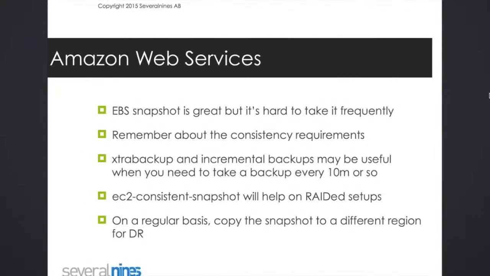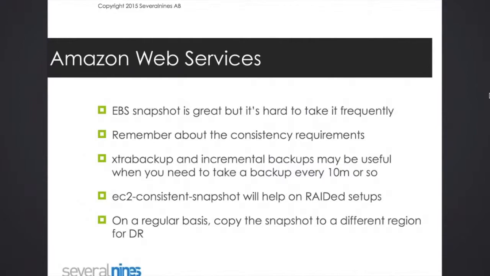If, for some reason, you want to have a backup every 10 minutes or every 5 minutes, I've seen such requirements, then you can do it, but not using EBS snapshots, but using Xtrabackup. Its incremental feature works just fine for this kind of setup. So if needed, you can take a backup even every 5 minutes.